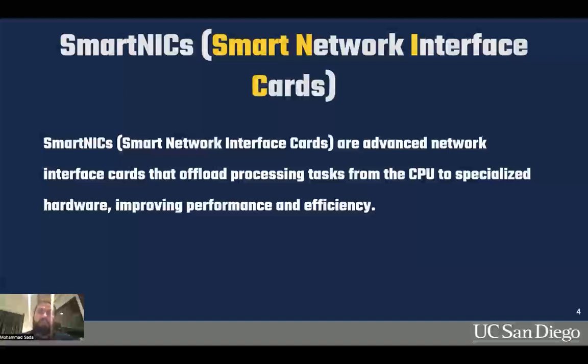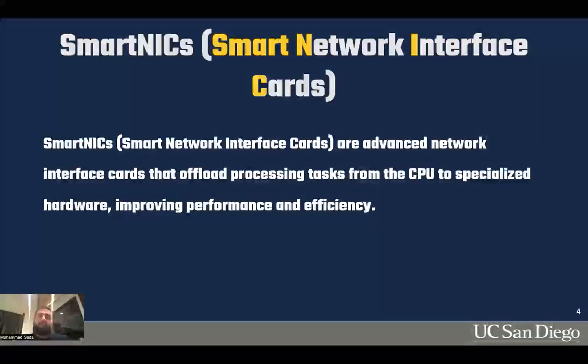So when we talk about SmartNICs, of course, NIC is a network interface card. SmartNIC is a smart network interface card. What they differ from traditional NICs is that they're advanced cards that offload all sorts of tasks, from packet processing and security and storage and other tasks, from the CPU and from the host node onto the cards themselves, therefore freeing up the CPU to carry out other tasks, as well as improving latency and enabling all sorts of edge programmability, especially when we talk about using FPGAs as SmartNICs, since FPGAs are fully programmable hardware.